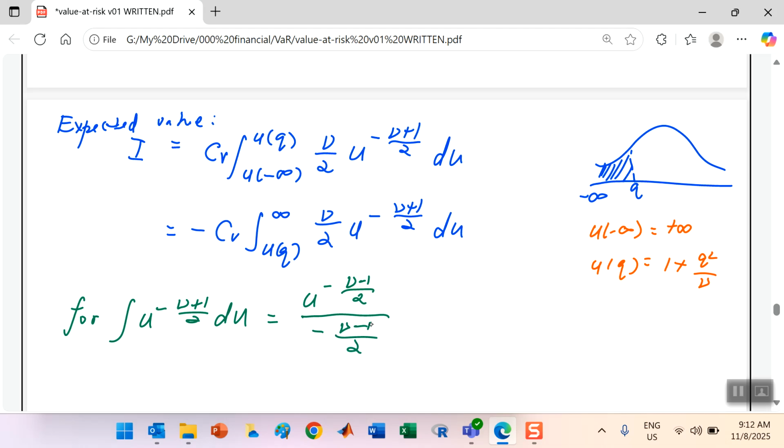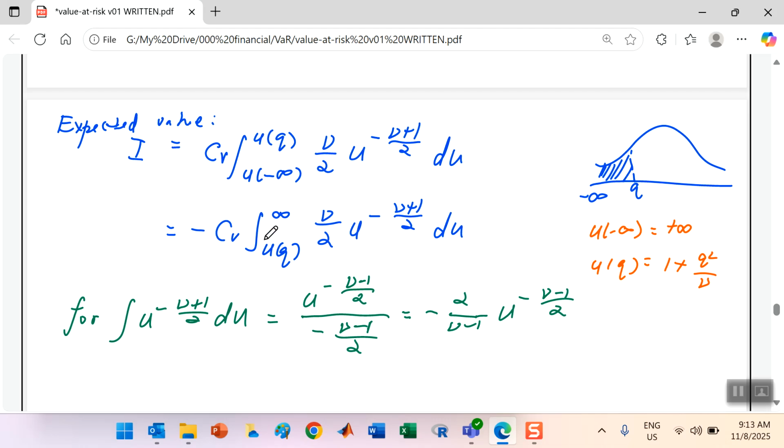So overall, you can write minus, and bring it up, you have 2 over (μ−1). This is the integration of this part.